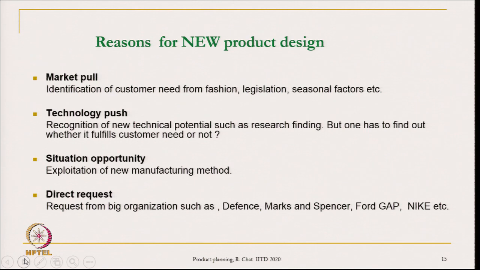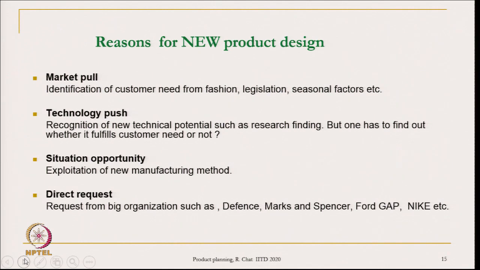A technology push could be there because some new technology has come, like when compact spinning appeared commercially and became successful, then people started using compact spun yarn in shirting fabrics. This is a technology push product which appeared in the market because there was a change in the production technology of yarn making.